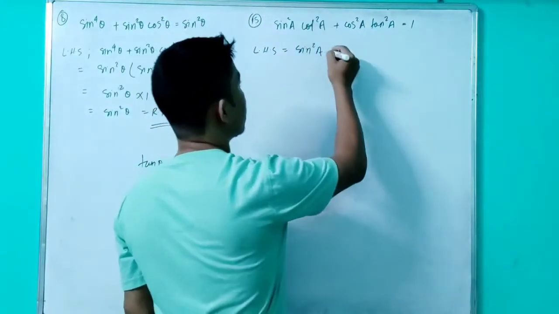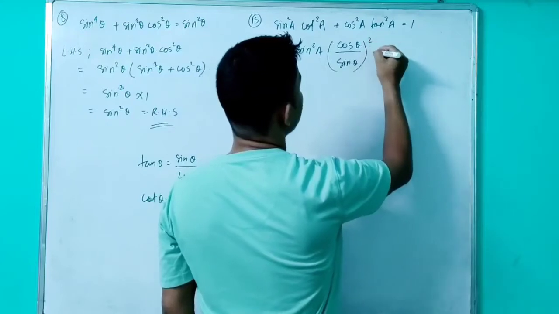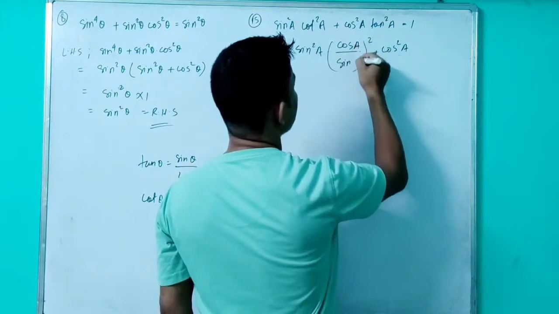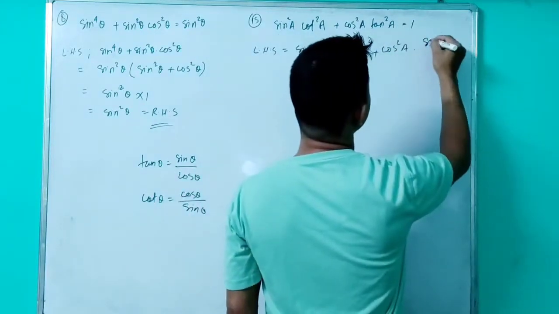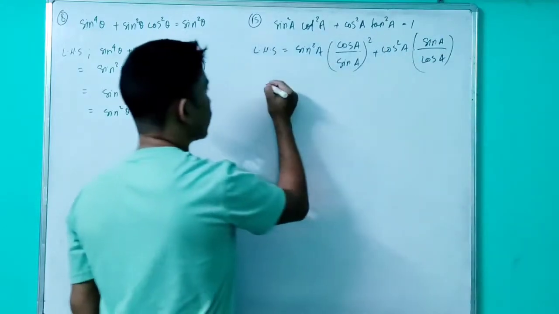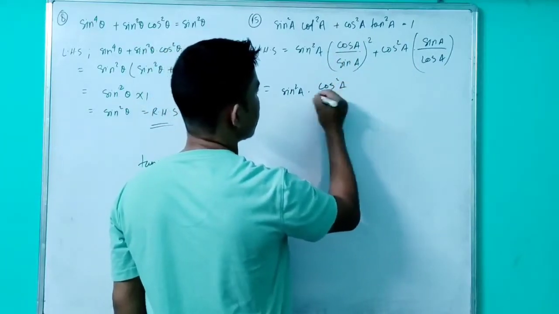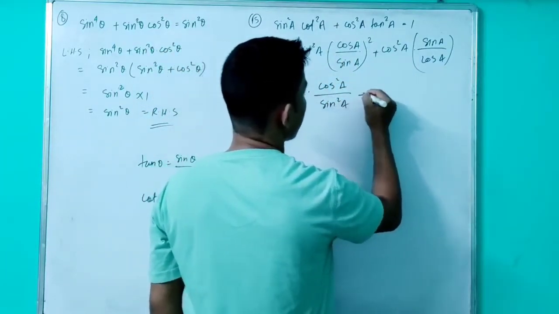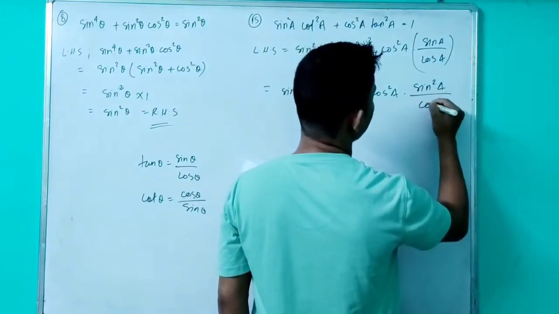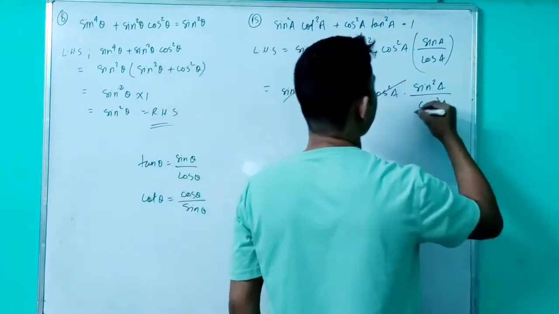Okay, so I will write this as cos theta divided by sin theta whole square, plus again cos square A, not theta, sorry, it's A, into tan square A, now again tan means sin A divided by cos A. So this becomes sin square A. Now putting the square for both, it is cos square A divided by sin square A, plus cos square A into sin square A divided by cos square A. Okay, so sin square A cancels, and cos square A and cos square A get cancelled.